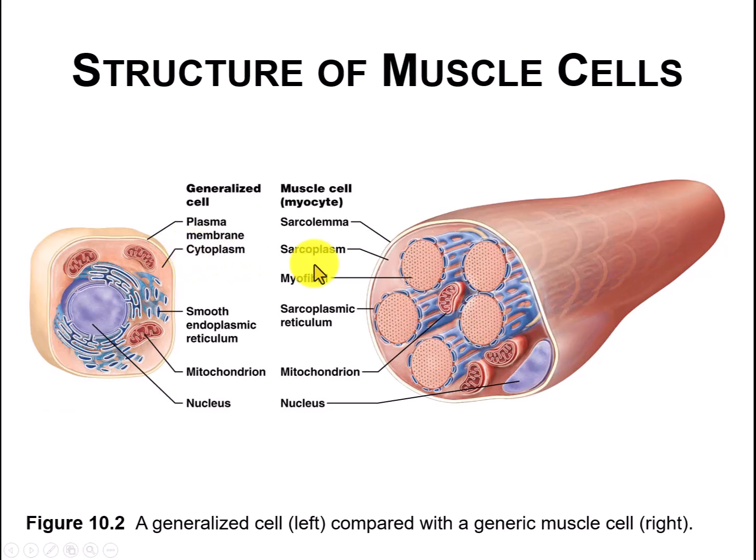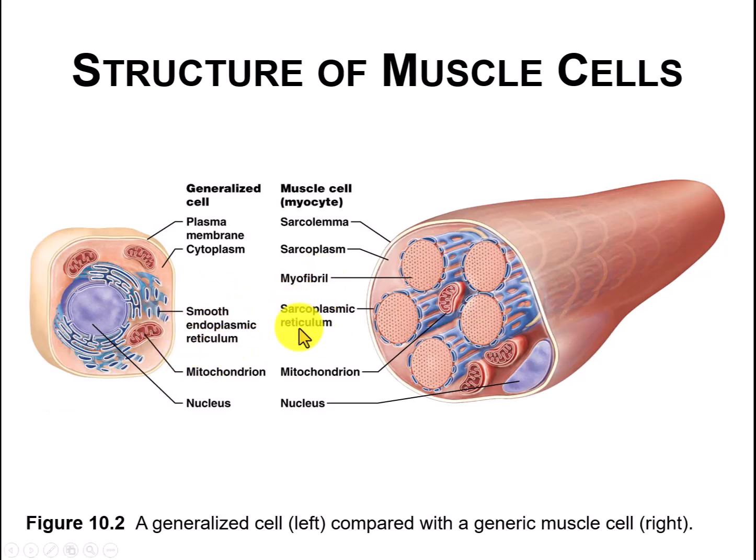The cytoplasm is known as sarcoplasm. Myofibrils are kind of like a cytoskeletal element, but they're the contractile elements, the contractile proteins within the muscle fibers. And muscle fibers are really big bags of these myofibrils. That's their predominant structure that you will see in there.